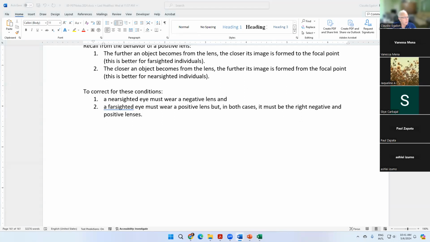Okay? That's why you go to the eye doctor. The eye doctor makes measurements of your eyes, and they can even see the image forming in your retina. Okay?